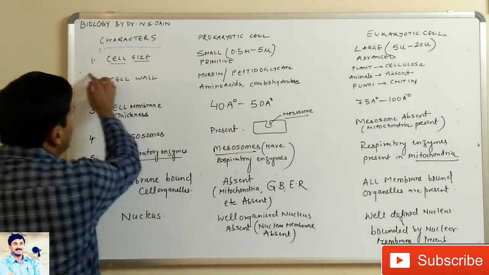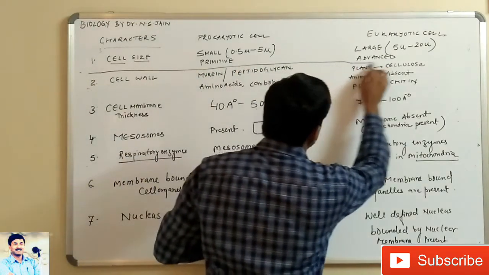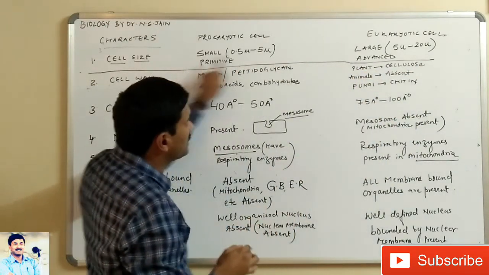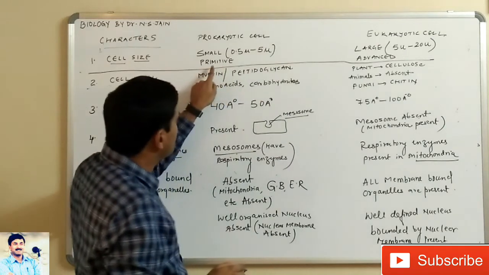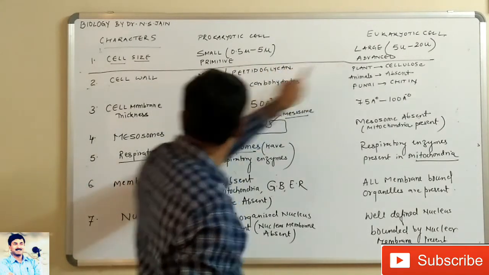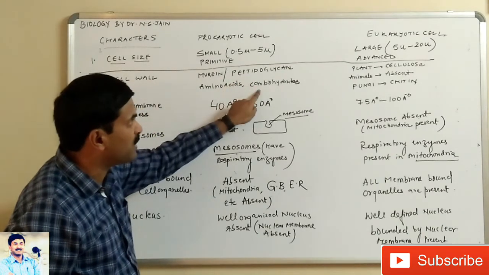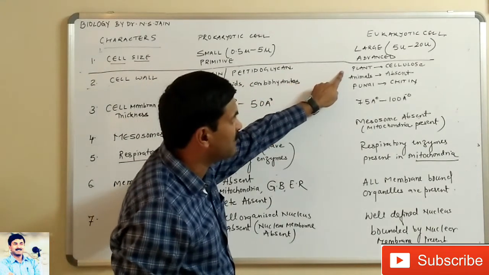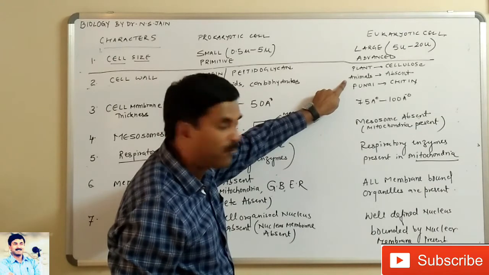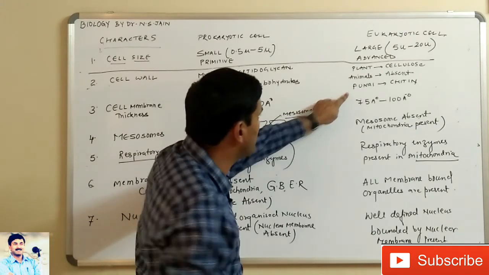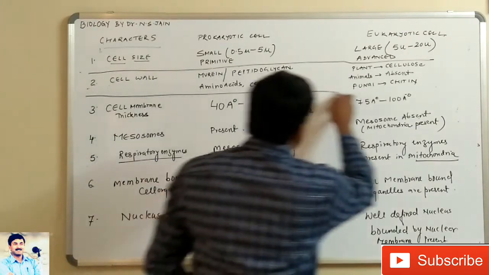Once again you can see the difference. Cell size: here the size is small, here the size is large. This cell is primitive, this cell is advanced. Cell wall made of murein, peptidoglycan, amino acids or carbohydrates. Here the plant cell wall is made of cellulose. In animal cells the cell wall is absent. In fungi the cell wall is made up of chitin.